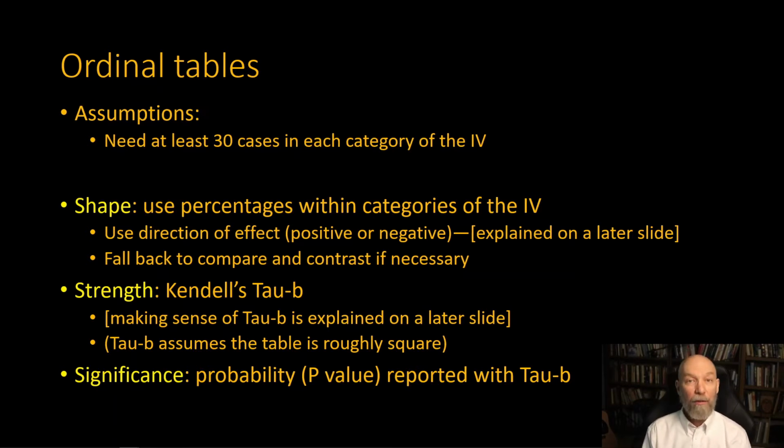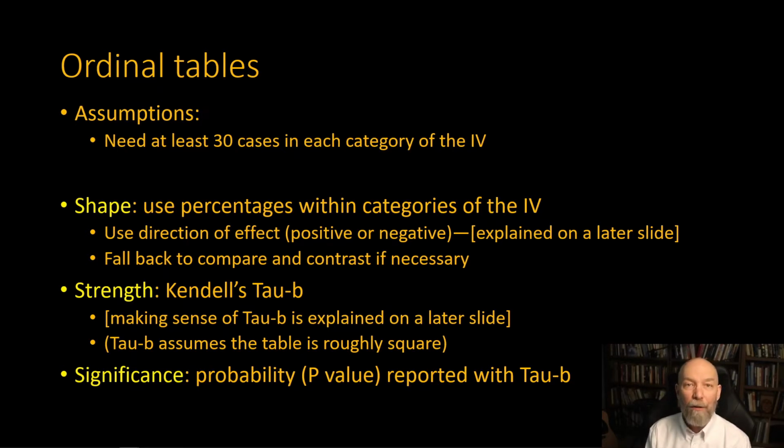But I'm going to stick with tau b because it's fairly robust. You can get a ways off of being a true square cross-tabulation and still use tau b. And the other tools that are available to use with ordinal tables all have limits of one sort or another as well, and those limits are, in most circumstances, more troublesome than simply using tau b.